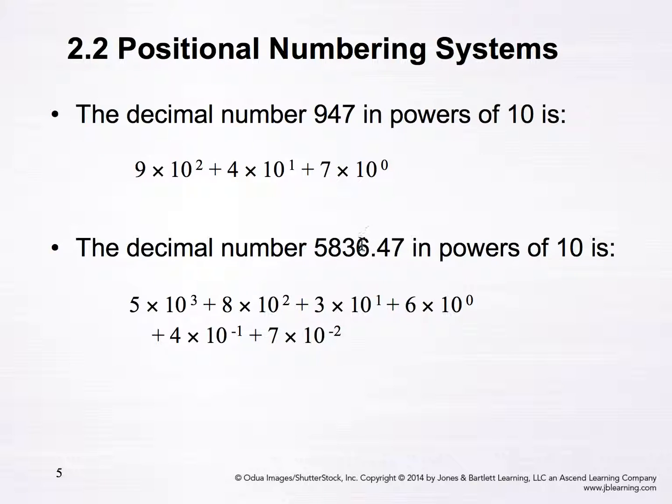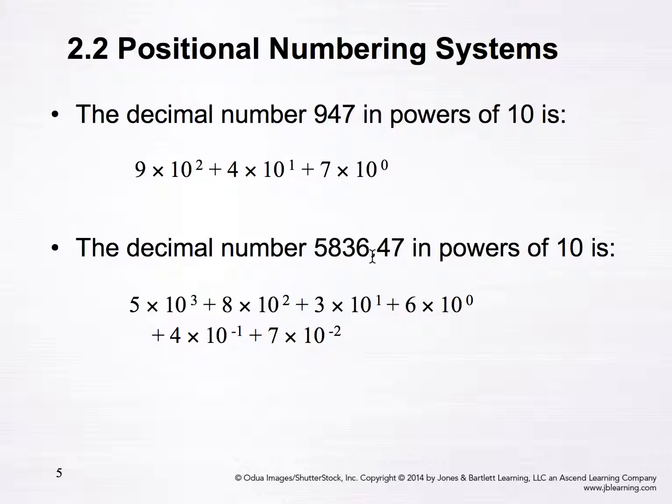This is because the indexes are 0, 1, 2, 3, so we have 5 times 10 to the power 3, 8 times 10 to the power 2, 3 times 10 to the power 1, and 6 times 10 to the power 0.